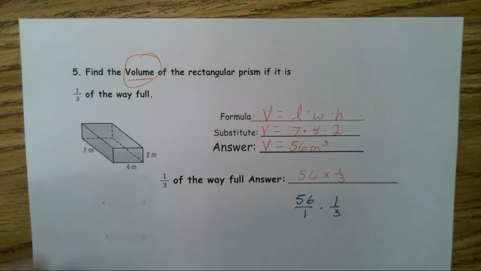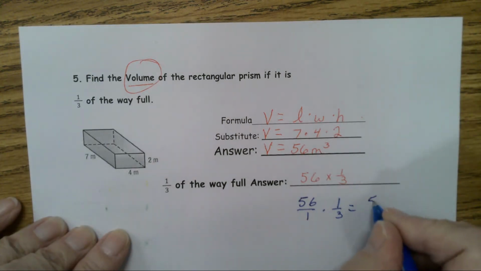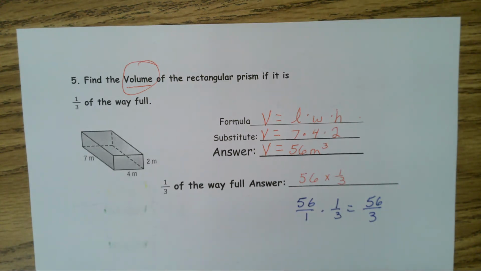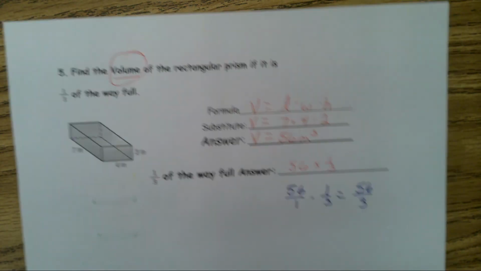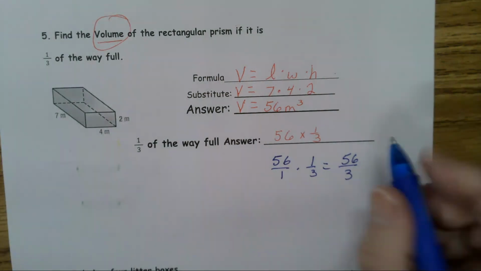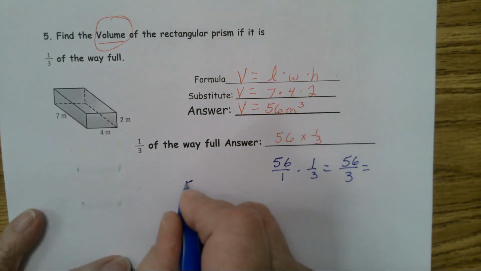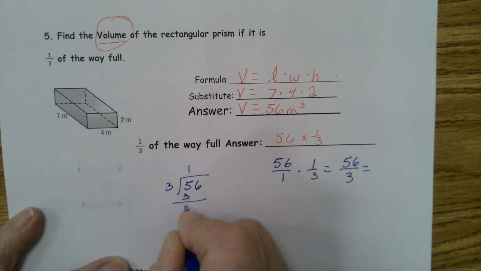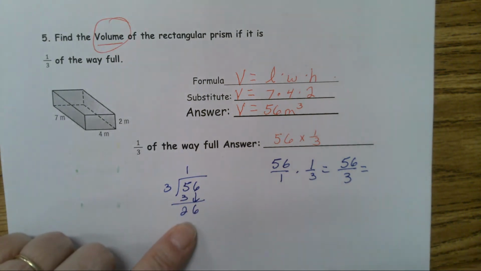And you end up with 56 thirds. Okay? Now, if they want it in simplest form, if you put 56 thirds, it's probably going to be counted right, unless it says in simplest form. Simplest form would say, well, what is 56 divided by 3? Subtract, bring down. How many 3s are in a 26? 8.